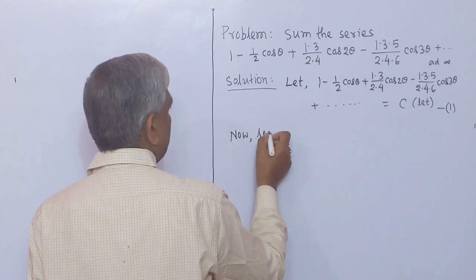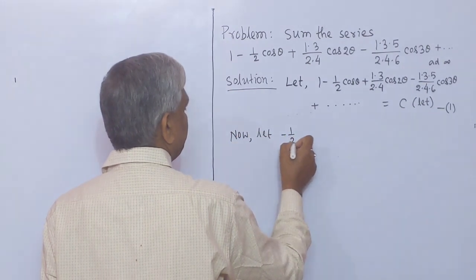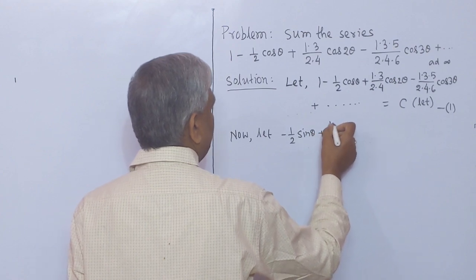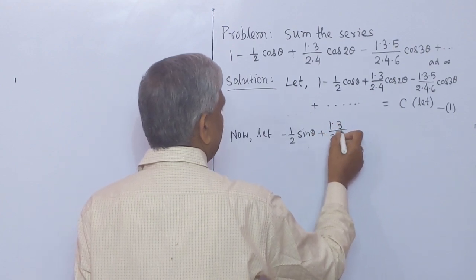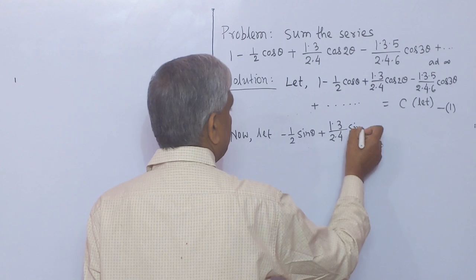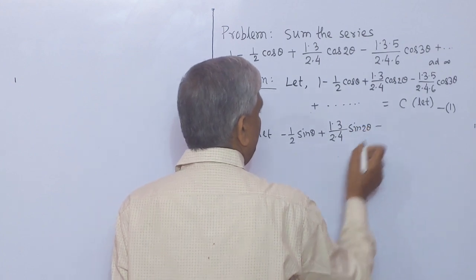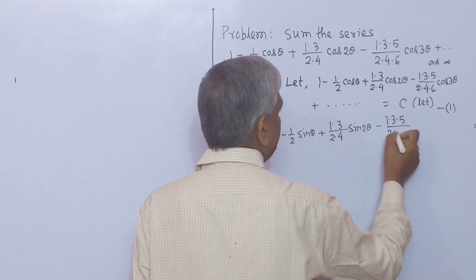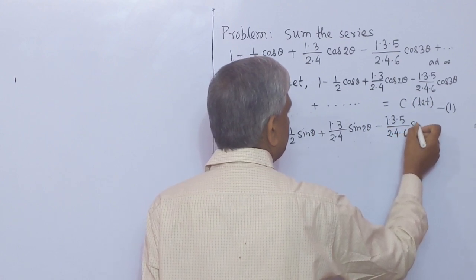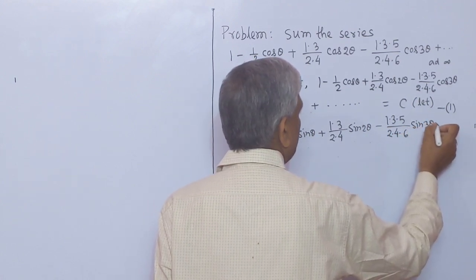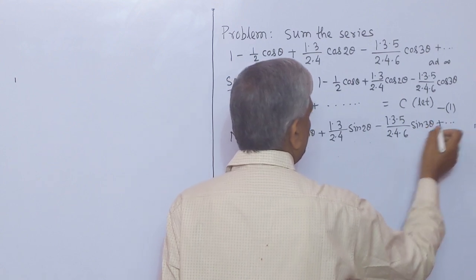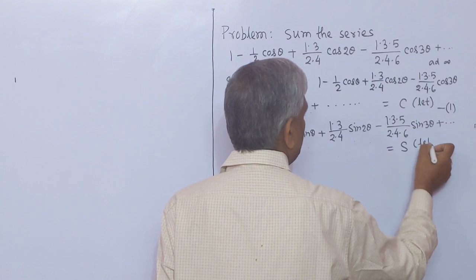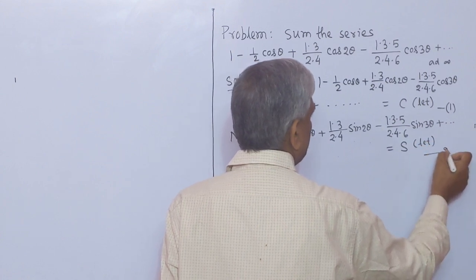Now let minus half sin theta plus (1·3)/(2·4) sin 2 theta minus (1·3·5)/(2·4·6) sin 3 theta plus dot dot dot equal S. This is number 2.